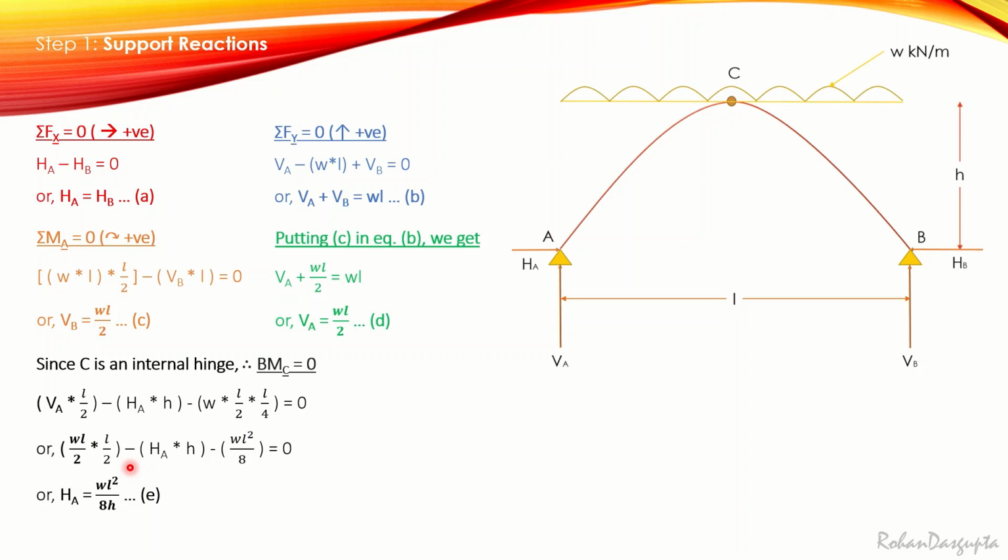Now, if I put this equation E back in equation number A, I will get that HA is equal to HB. So therefore HB will also be equal to WL square by 8H. So you see here, we have found out the value of VA, VB, HA and HB. So our first step, that is finding out the support reactions, is done.